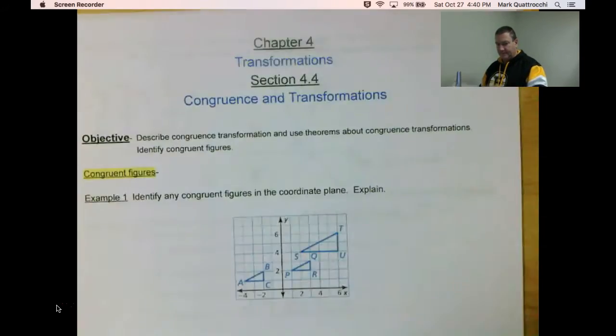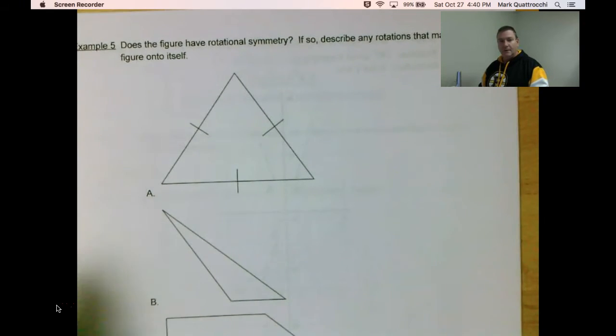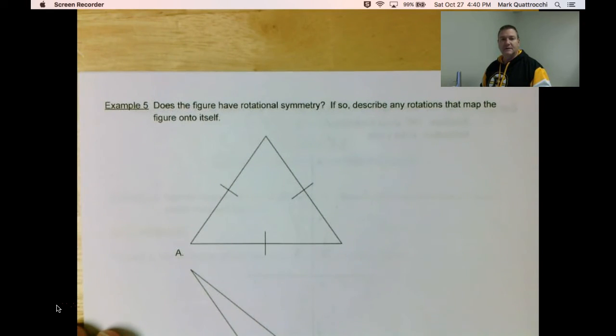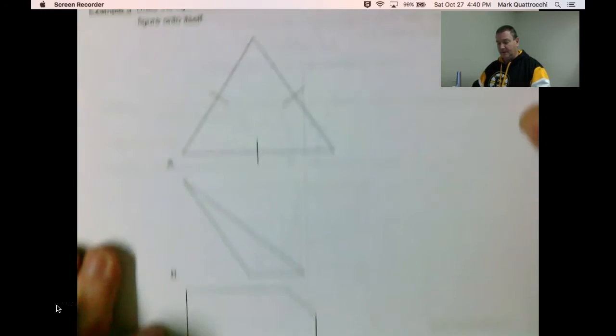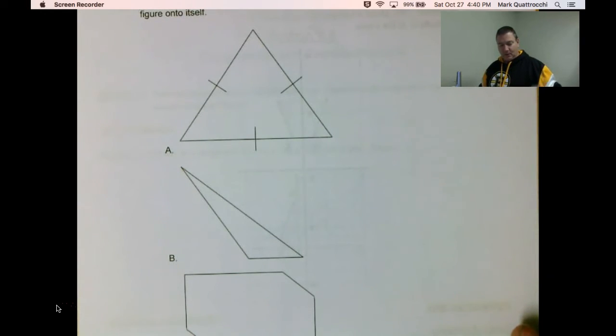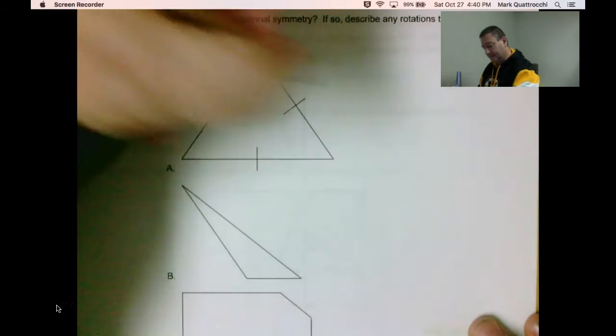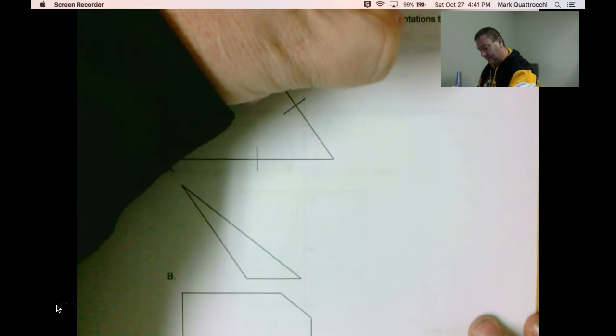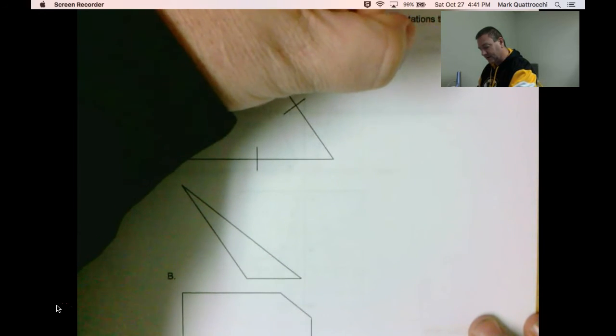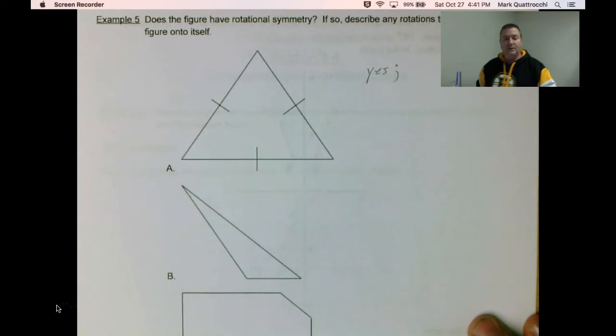Example 5. Does the figure have rotational symmetry? If so, describe any rotations that map the figure onto itself. So, does this equilateral triangle have any rotational symmetry? Yes. So now the question is, what is the angle of rotation?